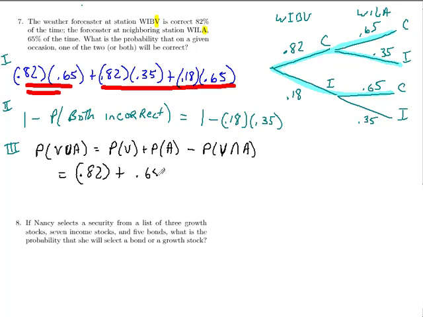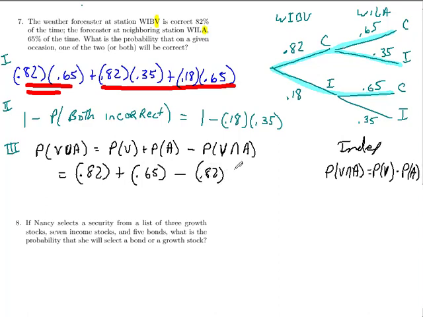Second person's correct, 0.65. Now minus the probability of the intersection. Because we're using independence, the probability of V intersect A is the probability of V times the probability of A. If you don't have independence, that's not true. So what we have is 3 ways to work this one problem.